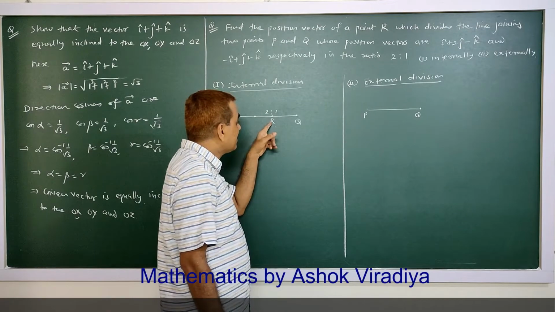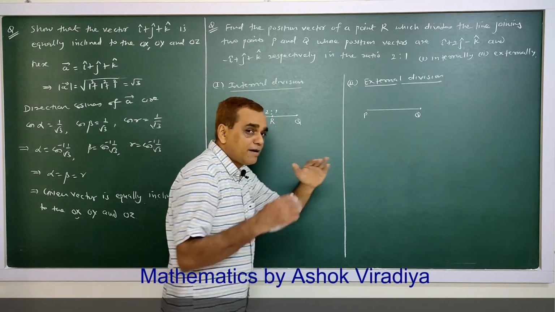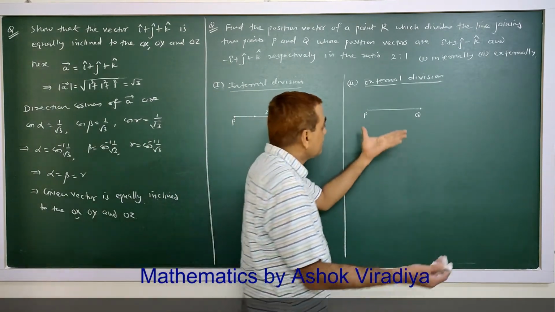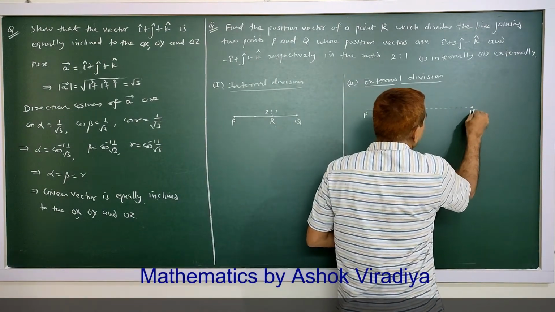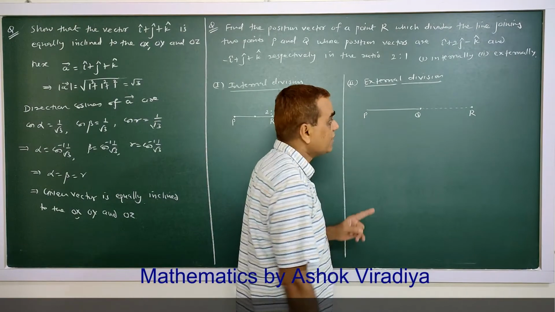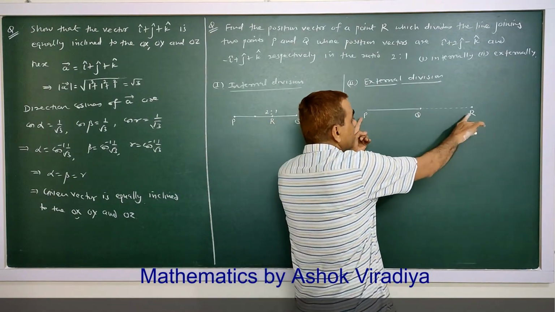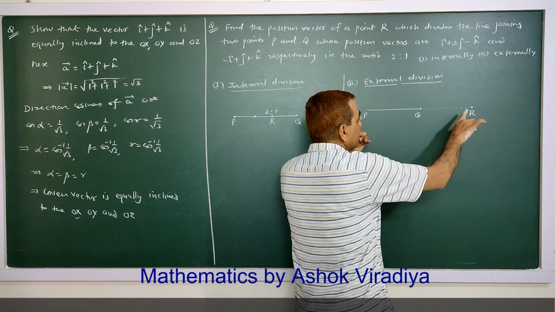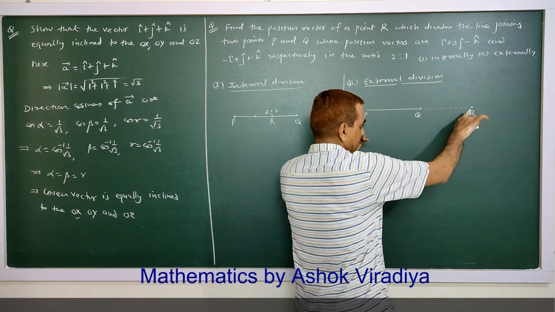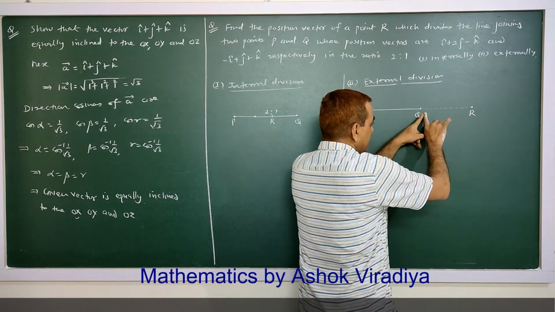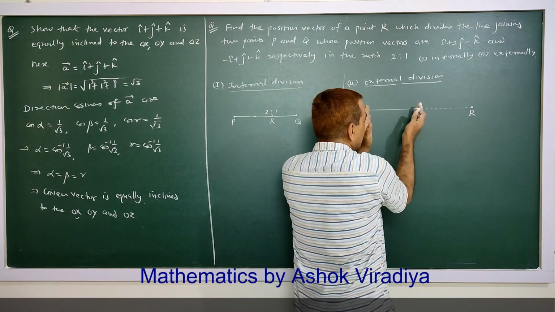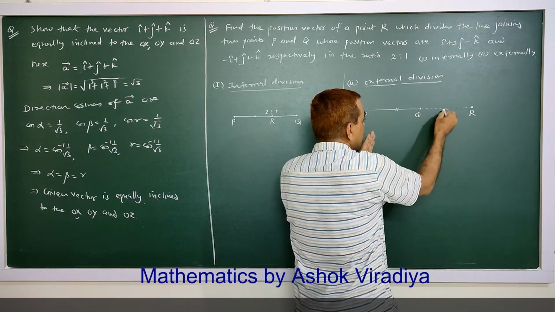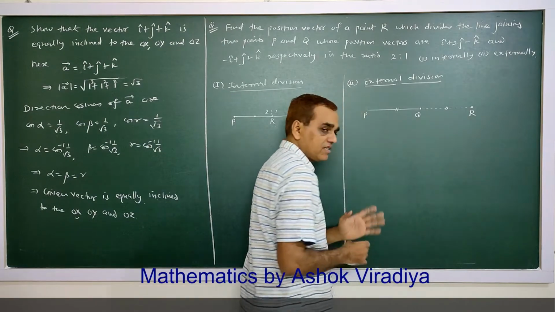This was internal division. Now I am putting R externally dividing. Suppose here I keep R, then look, if length PR is 2K, then this length is K. PQ, whatever is the length PQ, I have taken QR the same length.